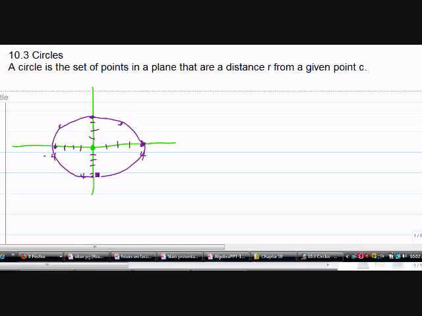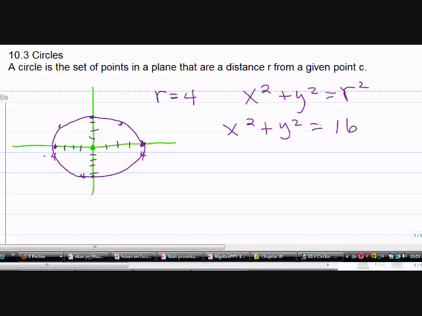What is the radius of this circle? 4. Now, the equation of the circle is x squared plus y squared equals radius squared. So the equation of this circle is x squared plus y squared equals 4 squared, 16.